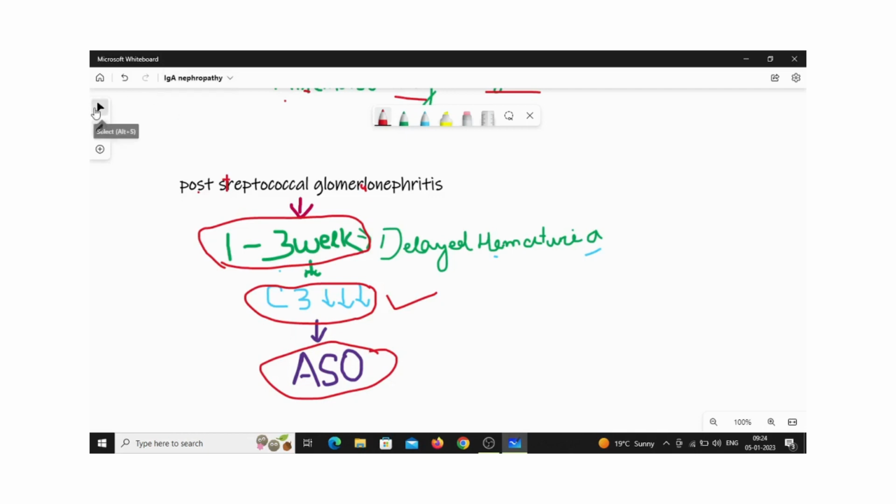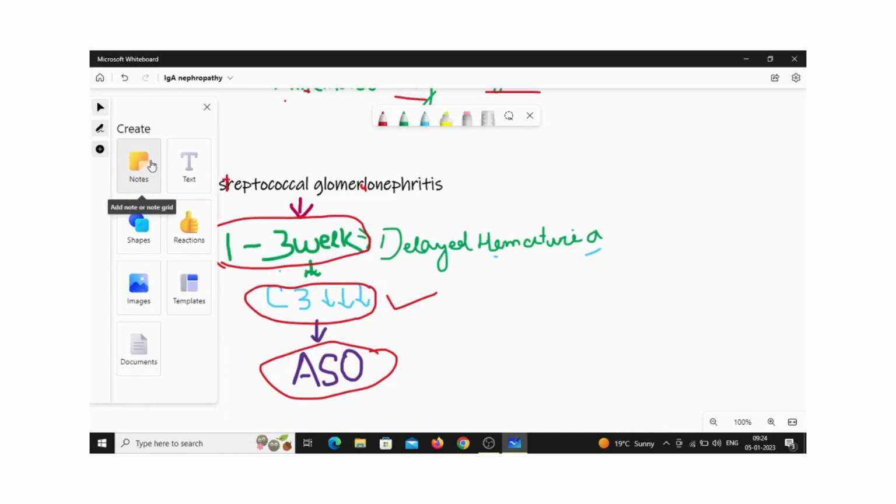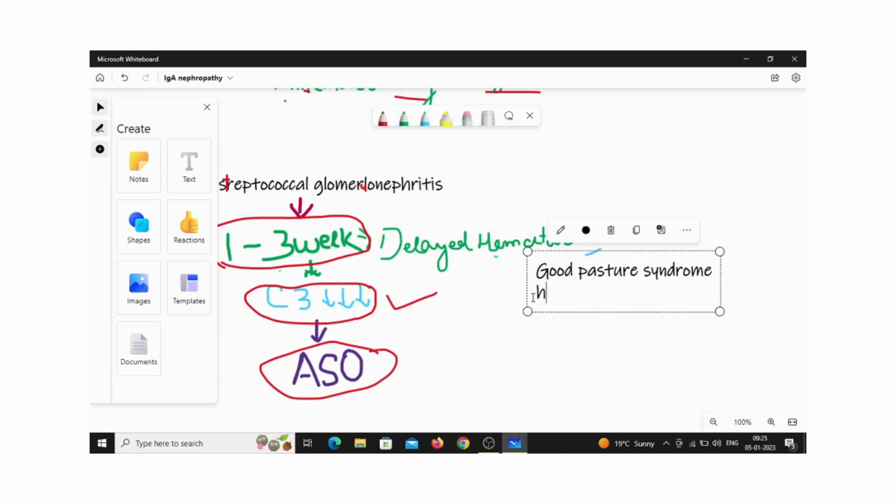Okay, so sometimes in examinations another question will be there about Goodpasture syndrome. In Goodpasture syndrome there is also hematuria. So what is the difference? The difference is that it is always associated with hemoptysis, because in Goodpasture syndrome two organs are affected, the respiratory tract and the kidney.